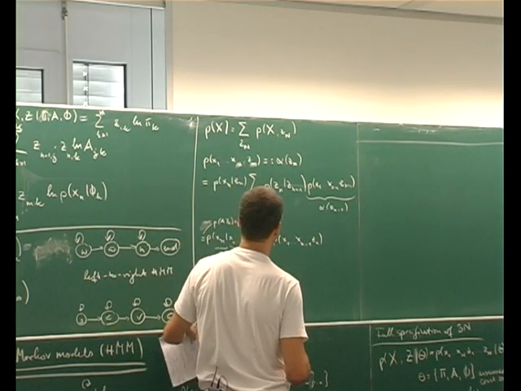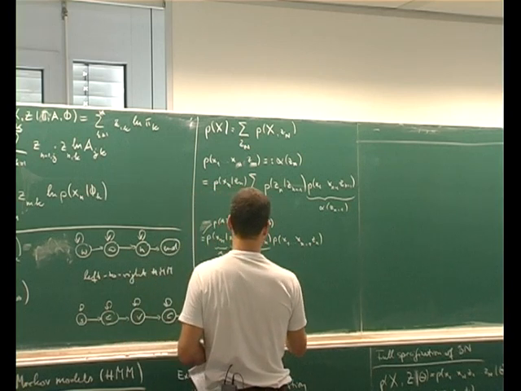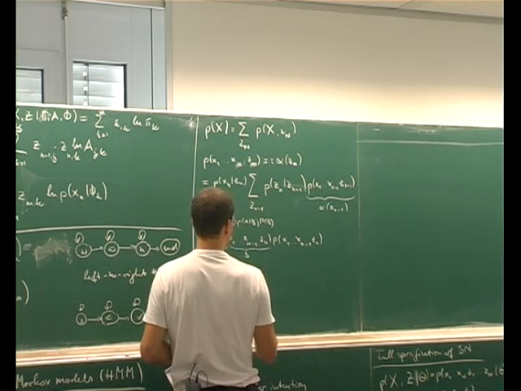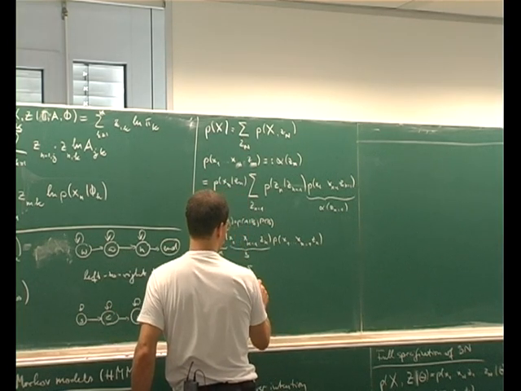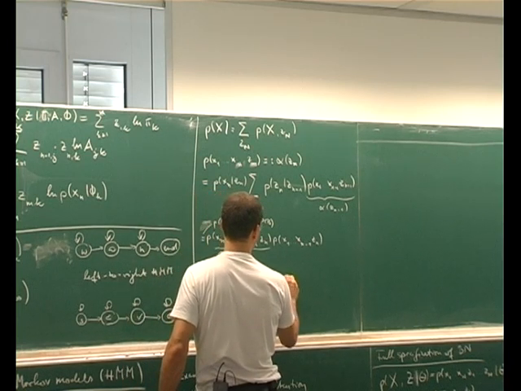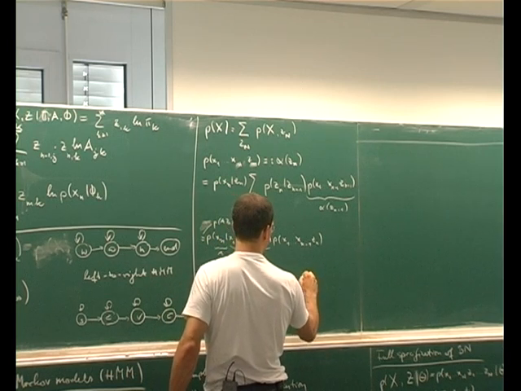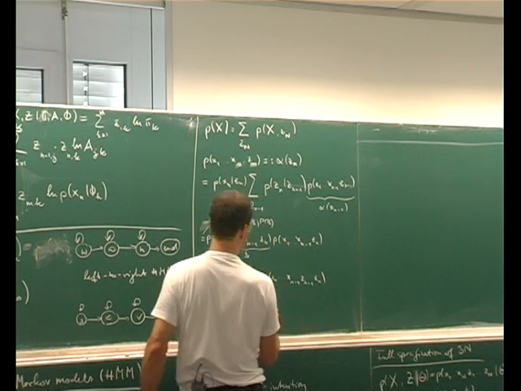And now let's see about the second one. I can again write this as marginalizing out of the joint of x1 up to xn minus 1 and Zn minus 1 and Zn.